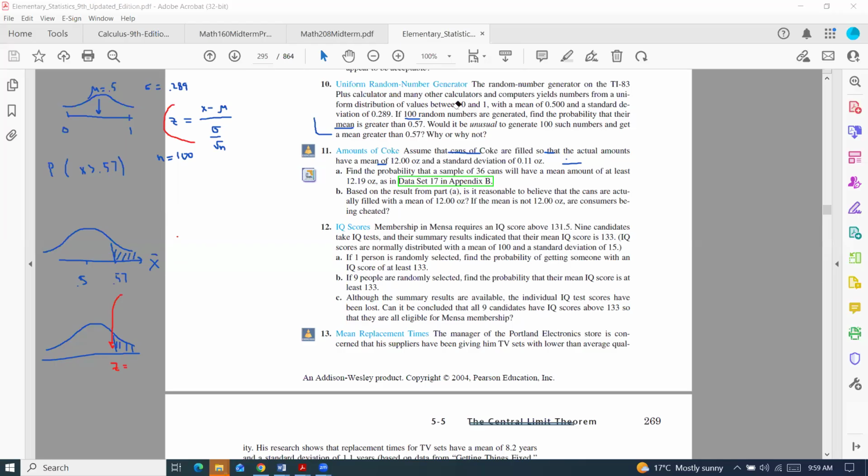Just want to make sure that I set this first, right? So I'm gonna have this as a fraction with, so technically it's that 0.57, and then I subtract 0.5 from it, and then divide by standard deviation 0.289 over square root of 100.